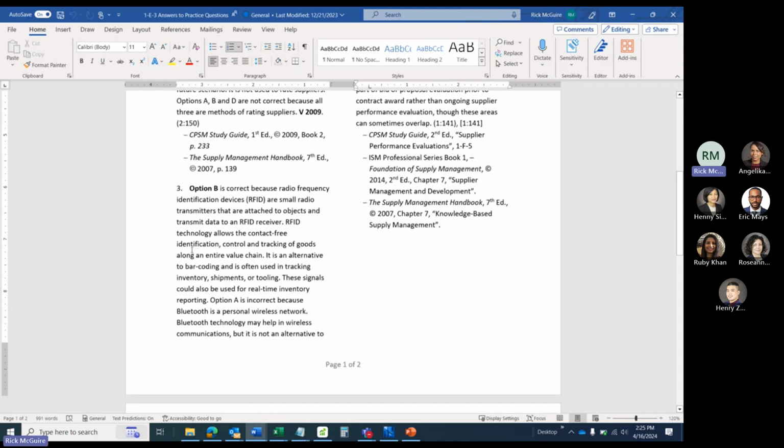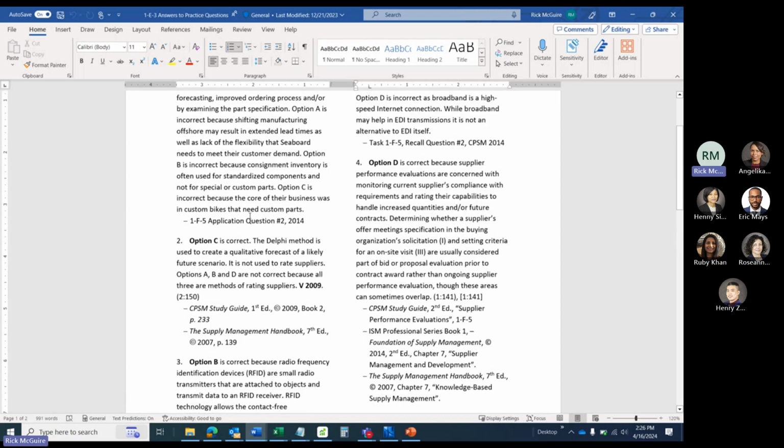3 is Bravo. Radio frequency identification devices. So basically, there's small chips put on each package, and then you have receivers all around the building so you can find your stuff. But it's an expensive system, so we don't use it a lot.